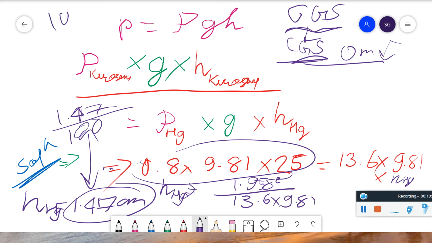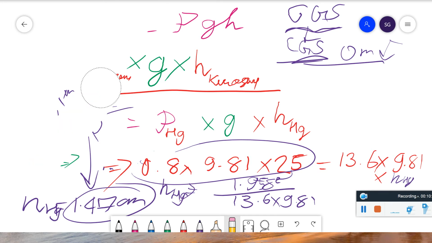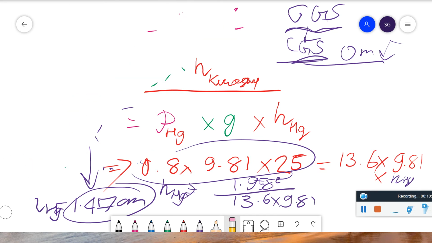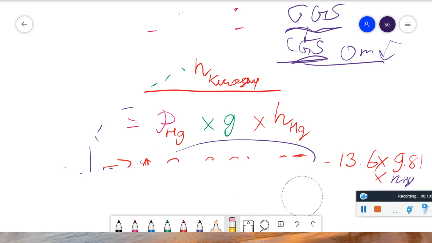You know this relation, 100 centimeter is equal to 1 meter, isn't it? It's so easy as this. So it's equal to 0.0147 meter. Now the Indian students may skip this part and proceed, but if they want to see, they can also see the unit conversion part. It's very important.